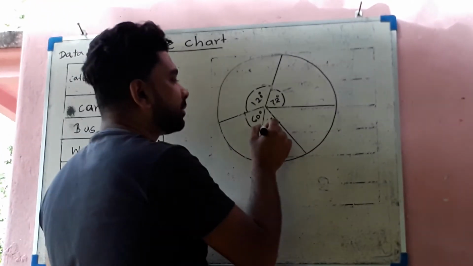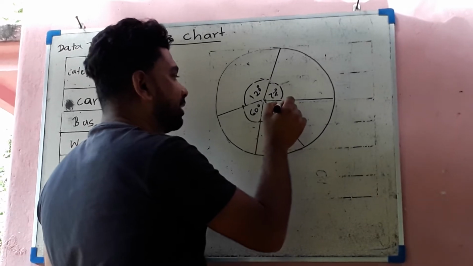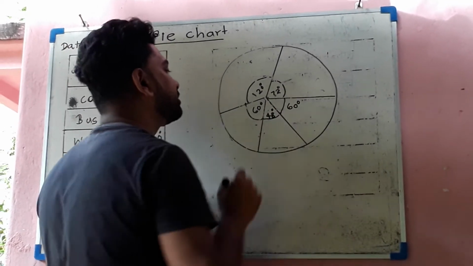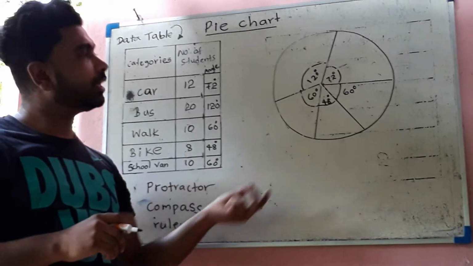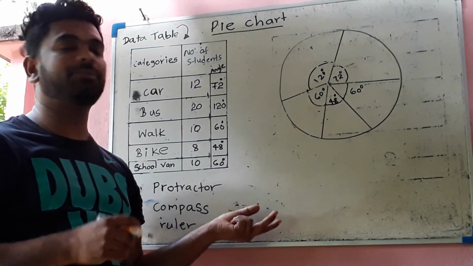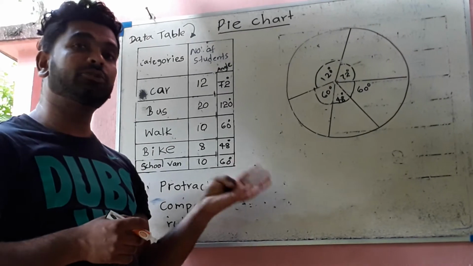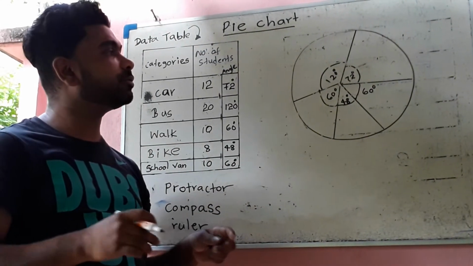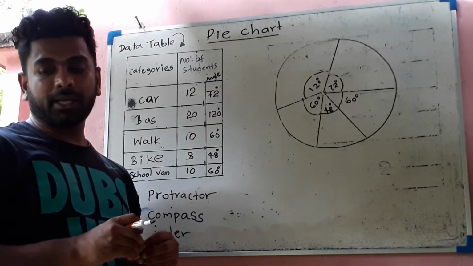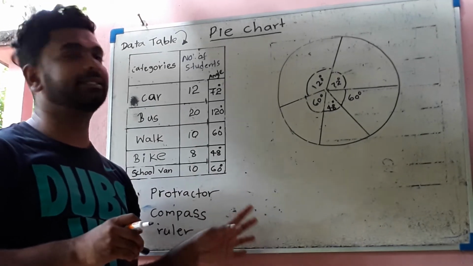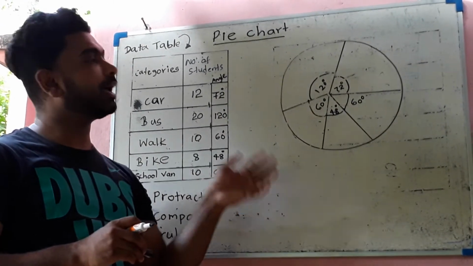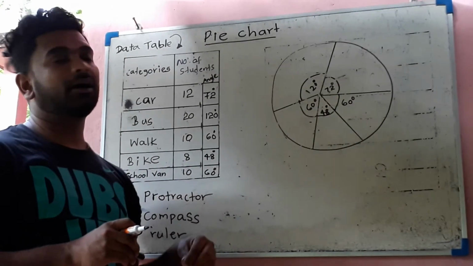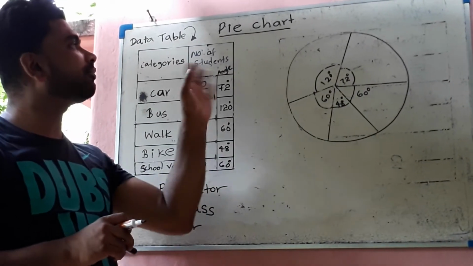When I draw there is a little difference, but this should be 60. You need to draw very carefully. On the board it is very difficult for me to draw. When you draw, use a pencil, and correctly use your compass, protractor and ruler. Then you can draw this pie chart easily and in the correct way.